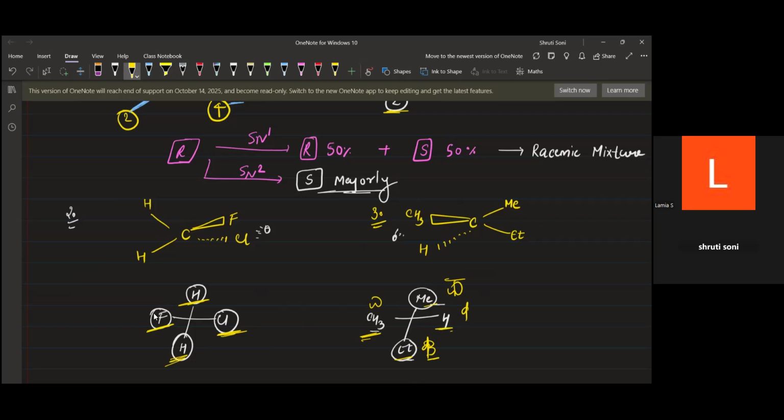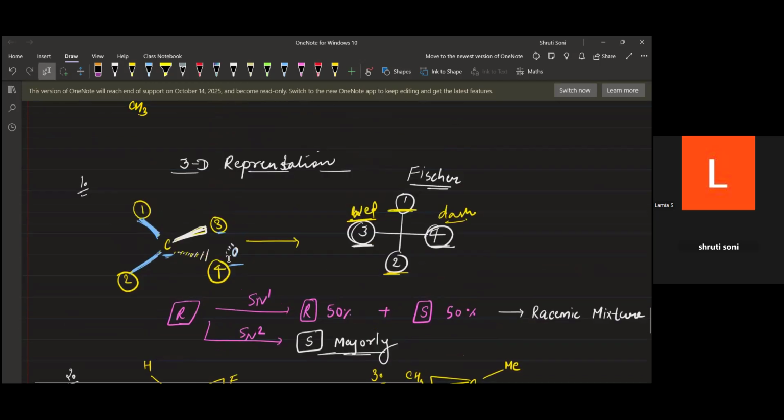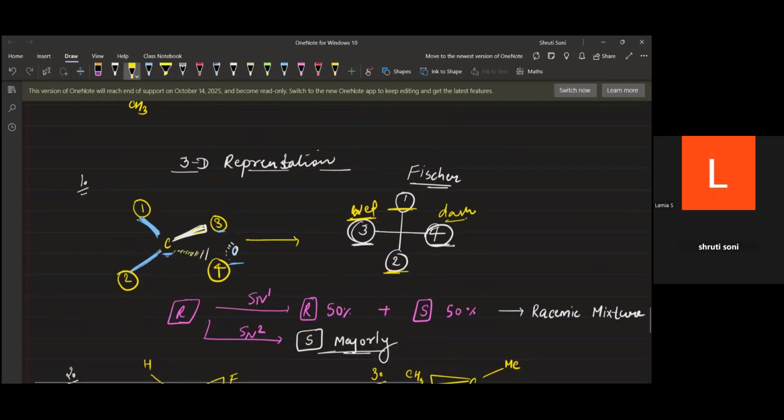If you are having any issue imagining a 3D structure, you can go through with that. You can write down that if they are in the same plane, then they will be on top and bottom.